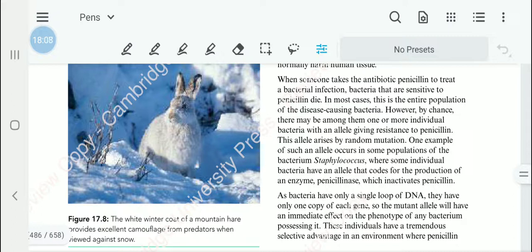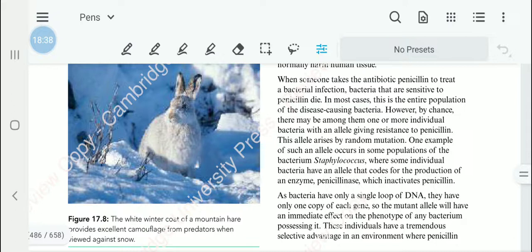If we give them the opportunity, by exposing them to penicillin too much, they will start developing random mutations that result in these bacteria having resistance to penicillin.